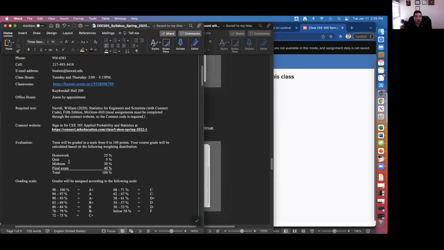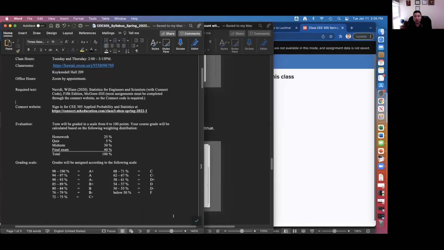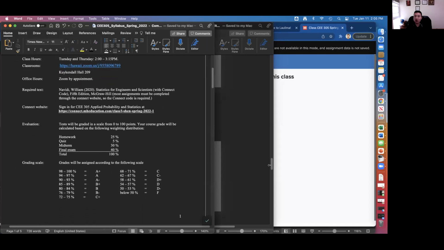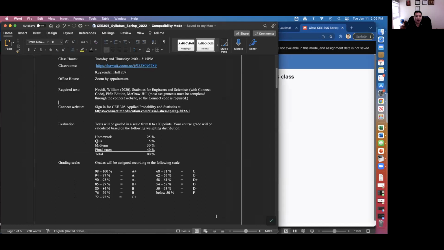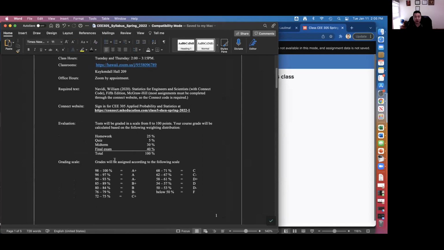Your final grade will comprise homework; you have around 4 to 5 homeworks, which is around 25% of your final grade. We have around 1 or 2 quizzes, 5% for quizzes.